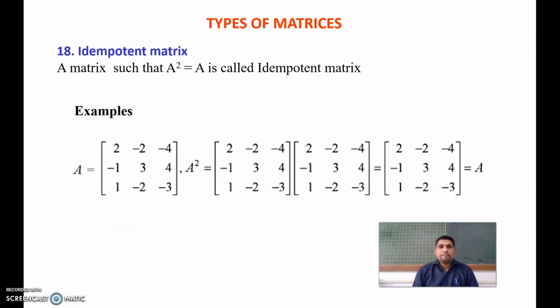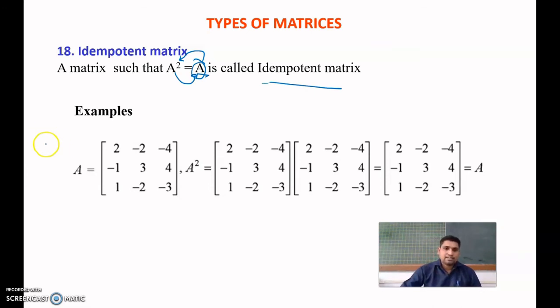Now next, idempotent matrix. Suppose we have any matrix A, and when we square it, we get the same matrix. That means our given matrix is an idempotent matrix. A matrix in which the square of the matrix gives the same matrix is called an idempotent matrix.